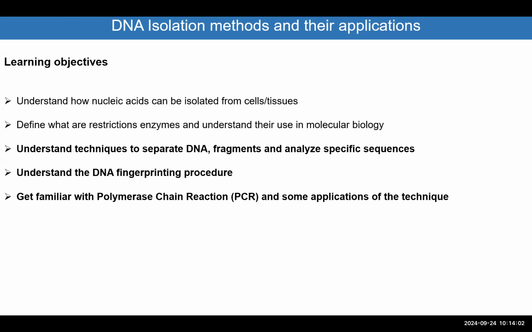Probably we can digest this DNA with restriction enzymes, and we can run it on a gel, and we can see how the pattern looks like. In principle, you know how to make a gel, and you know how to load your DNA on a gel with electrophoresis and how the DNA migrates from the negative to the positive. So all these steps, I assume you guys know how to do it.